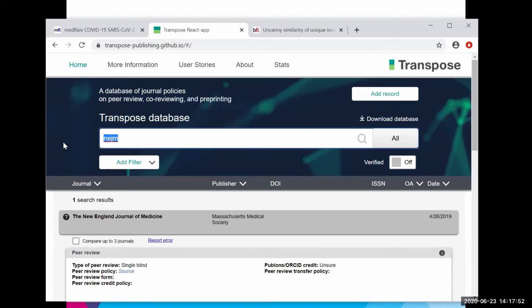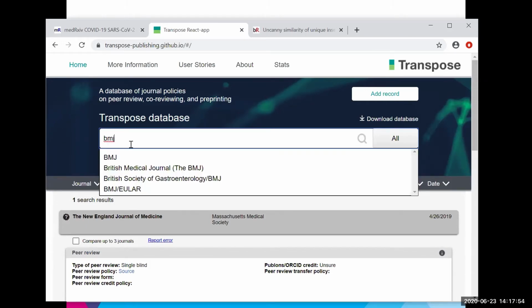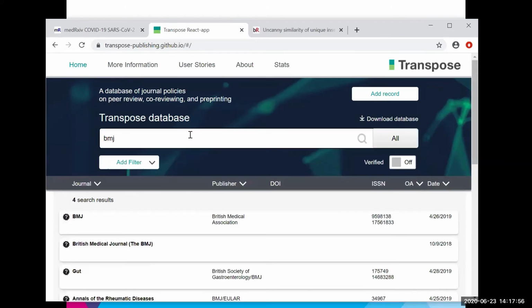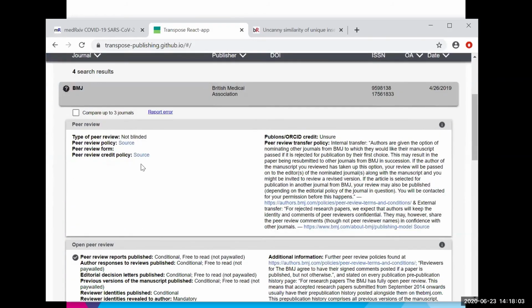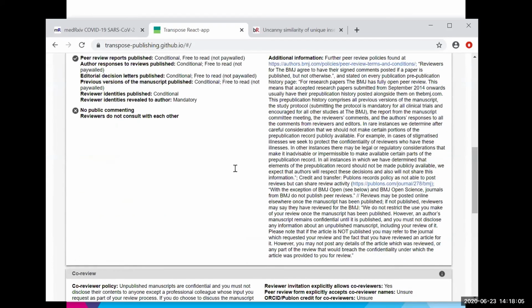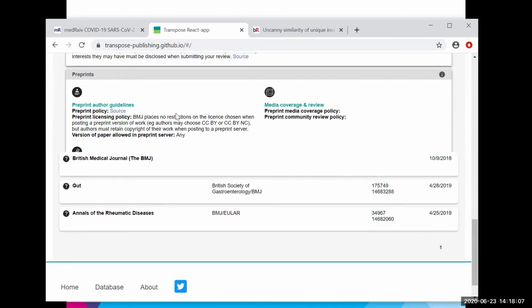So let's just take a quick look at a different one. So I'm going to type in BMJ, which is a publisher and also has a journal. Once again, we're going to go down here, and here is their policy, and they are much more relaxed about it. They are okay with you putting a preprint on a preprint server.